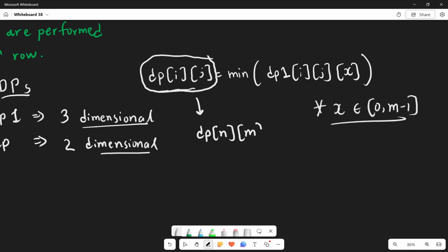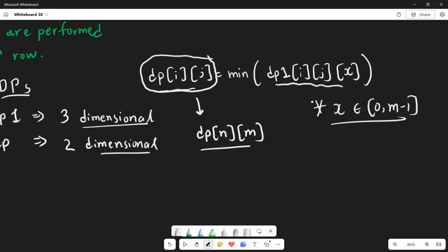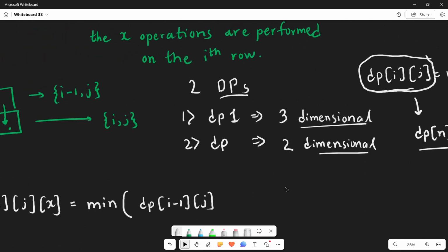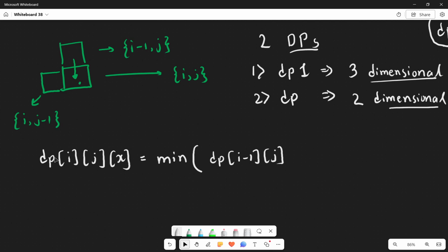I have to do nothing with dp1 while outputting the answer. I will just consider the value from the two dimensional dp. So why two dp's are needed? While calculating this dp1 of i comma j comma x, listen carefully.